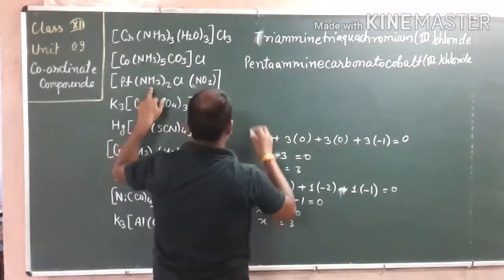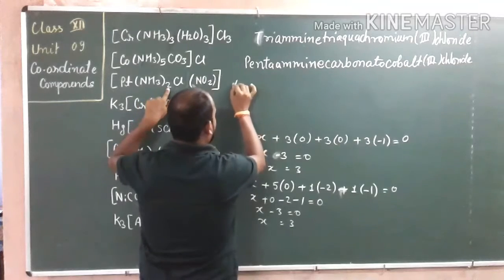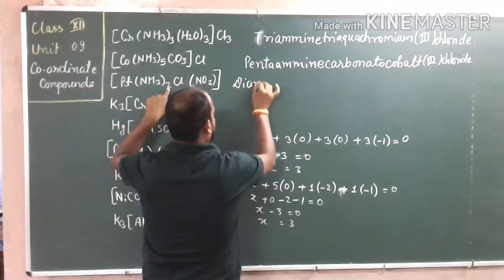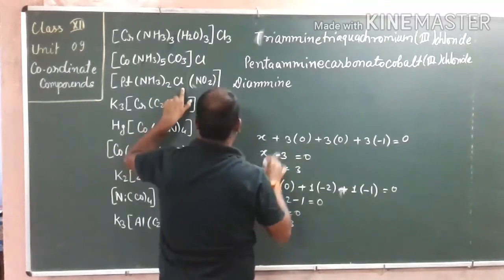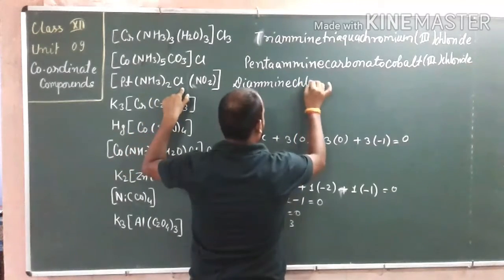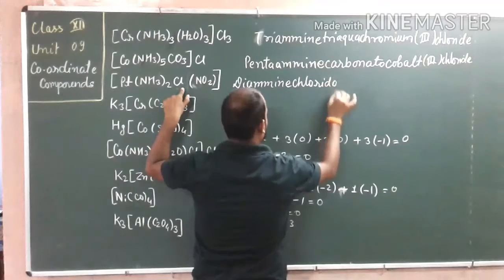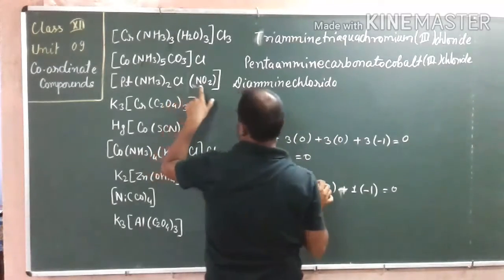Since it is 2, the name will be diamine. For Cl it is chlorido. No need to write mono, it is only chlorido.